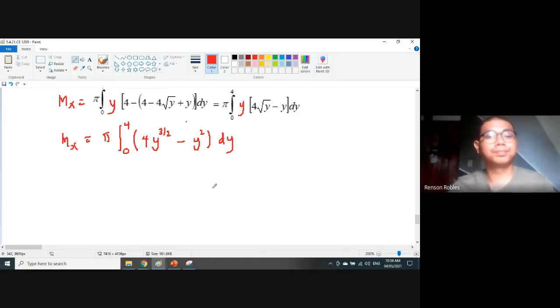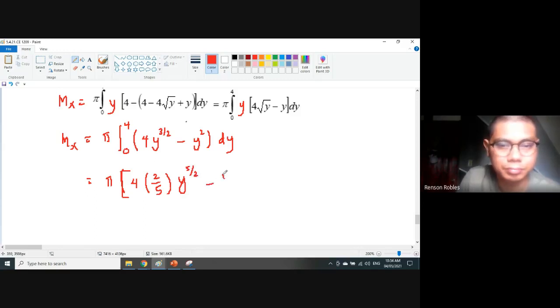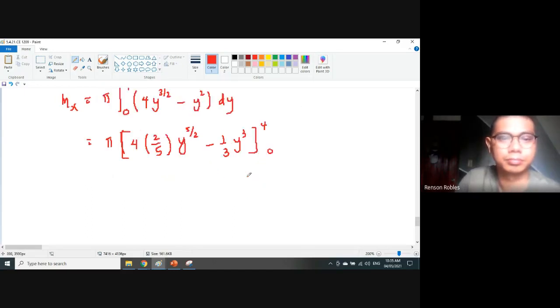What is the result? You're doing it right. Okay. 4 raised to 5 halves minus 1/3 times 4 cubed, that's 64. Then the rest will become 0.